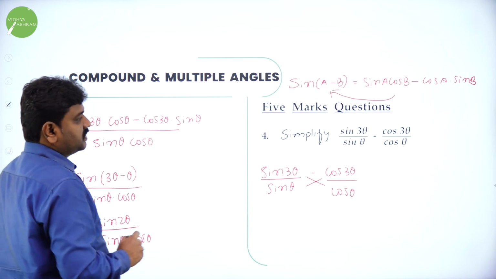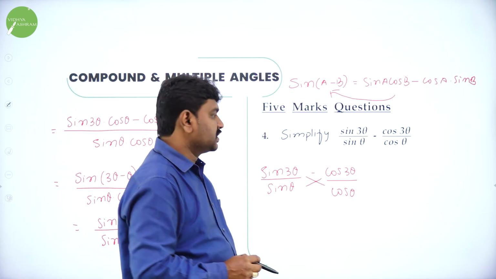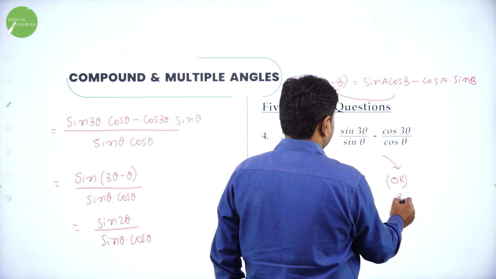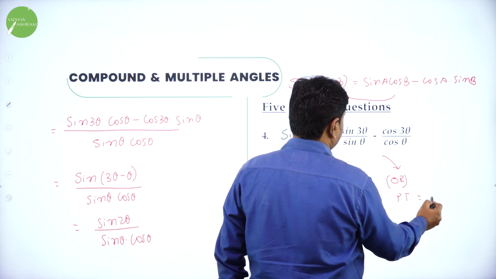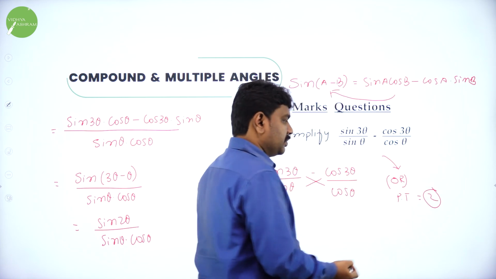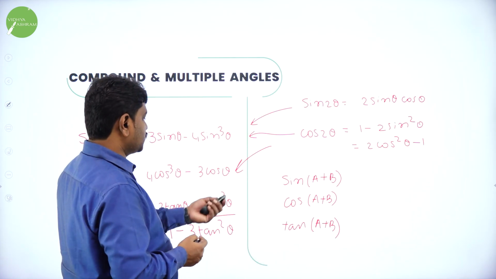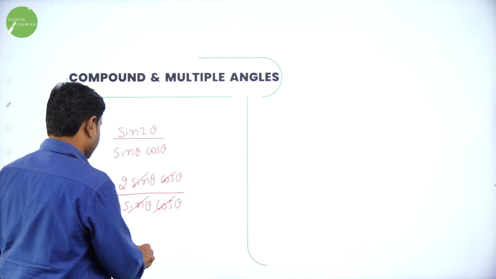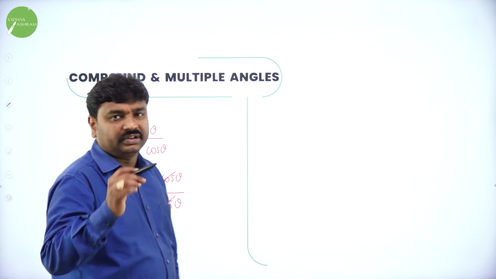Either they'll ask you to simplify like this, or they'll ask you to prove it is equal to 2, meaning RHS is equal to 2. When you simplify, you'll get 2. I hope all of you got this.